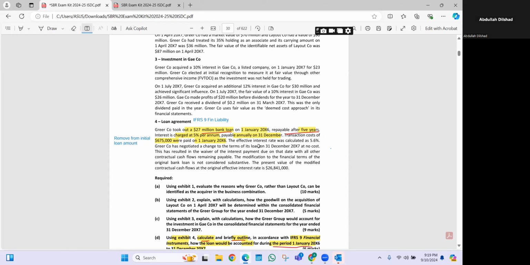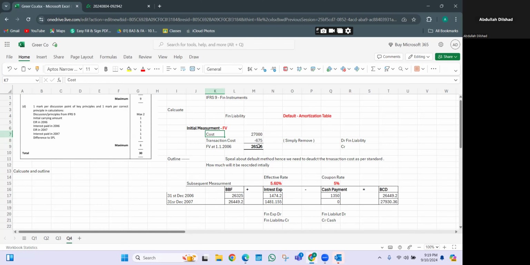So you all know that after we initially recognize a financial asset or a liability, we will have to do subsequent measurement. So let us go and do that as well. Since they told us to briefly outline, one of the points that you all could give is the transaction cost removal.